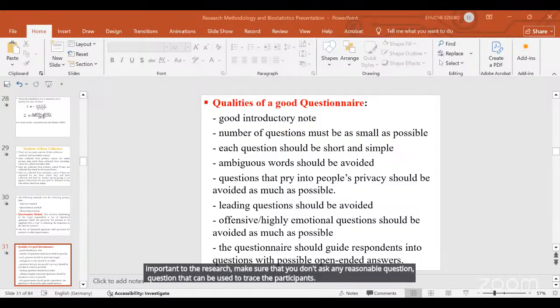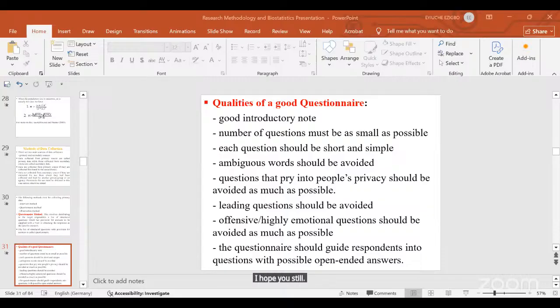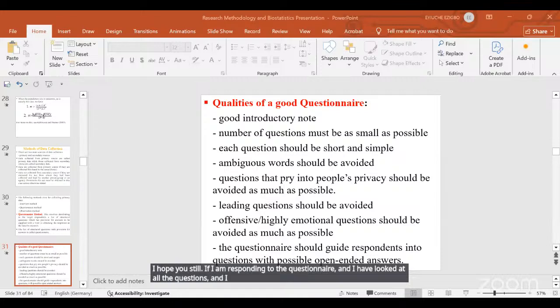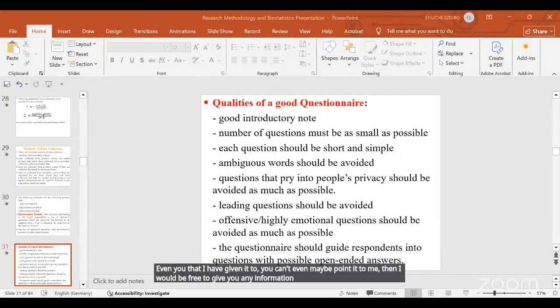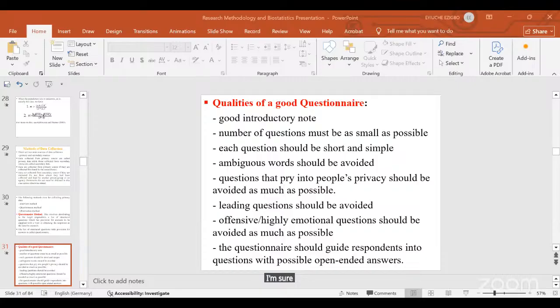I hope it's clear. If I am responding to a questionnaire and I have looked at all the questions and seen that once I hand this questionnaire over to you, you can't even point it to me, then I will be free to give you any information that you are asking. I'm sure it's understood.